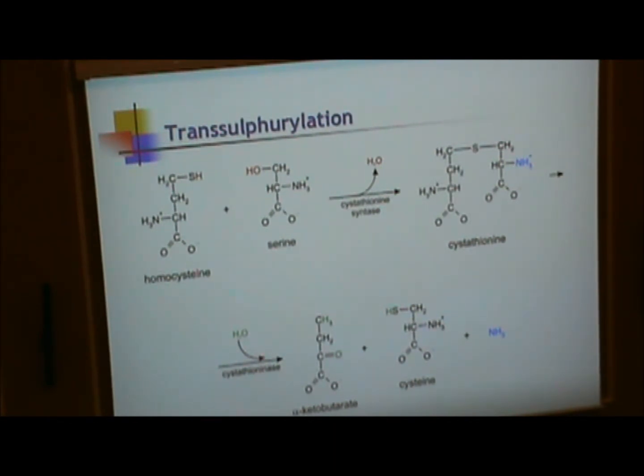So the SH group of homocysteine interacts with the hydroxyl group of serine, the red marked fragment. The OH group interacts with hydrogen, forming a water molecule. This sulfur binds to this carbon, forming cystathionine.